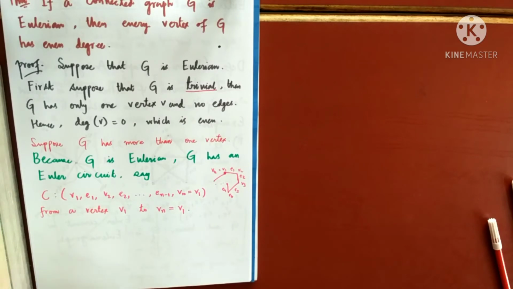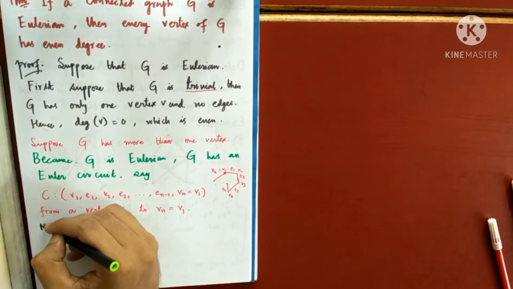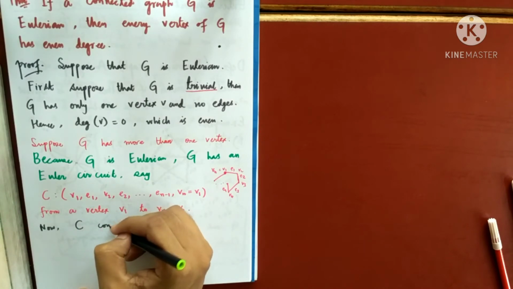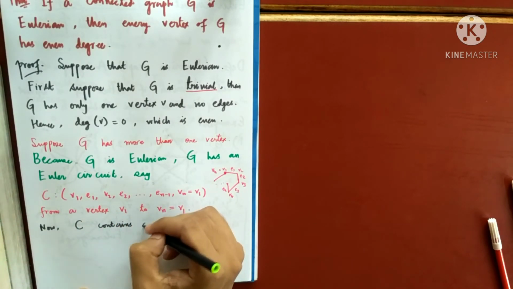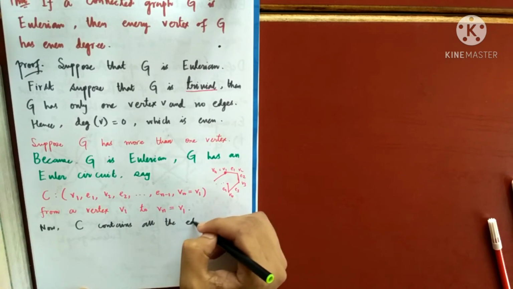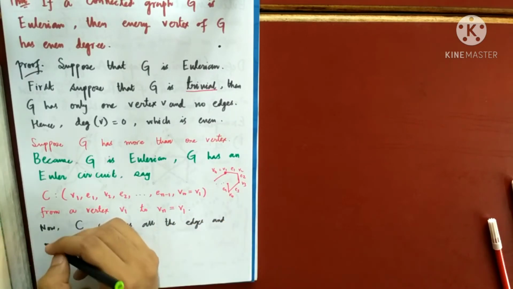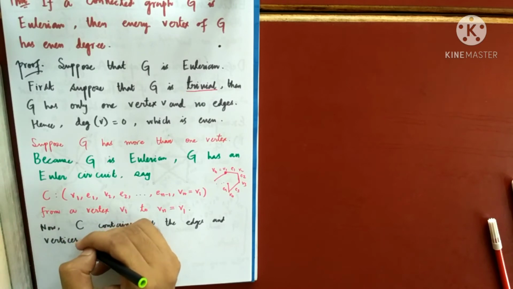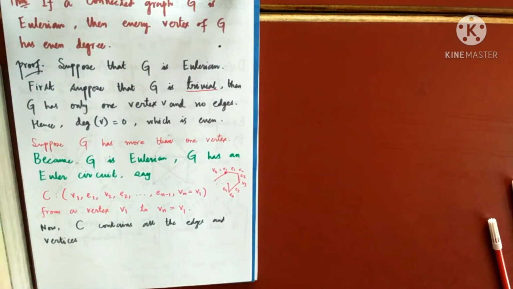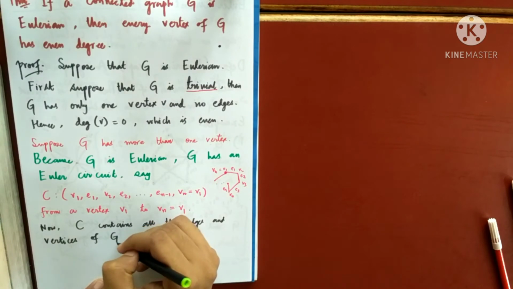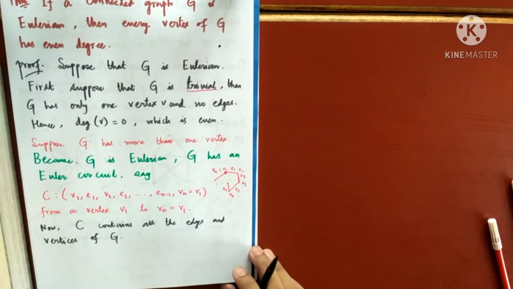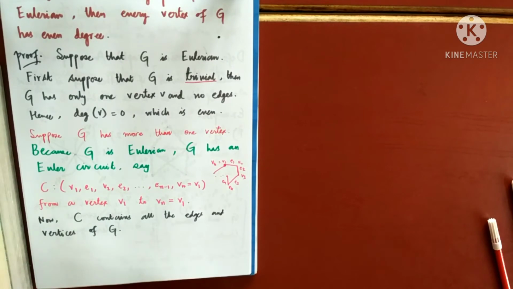And just by definition, now C contains all the edges and vertices of the graph G. It comprises all the edges of the graph, and if all the edges are present, all the vertices must be present. You know that edges should not be repeated, but the vertices may be repeated.